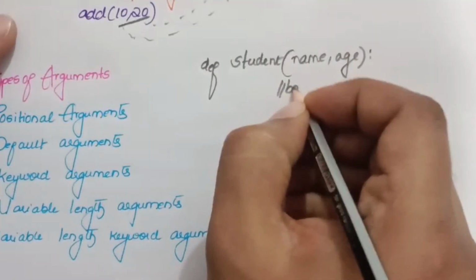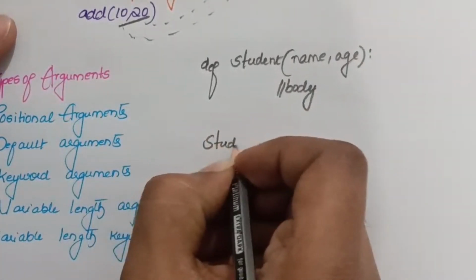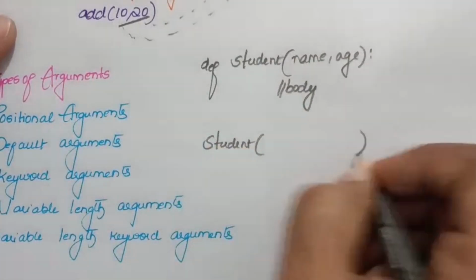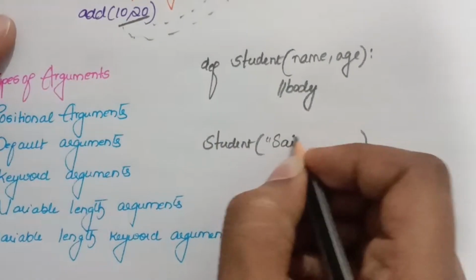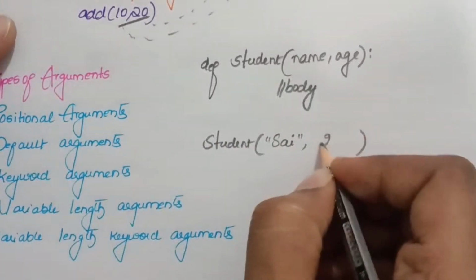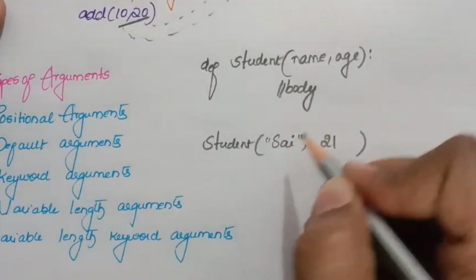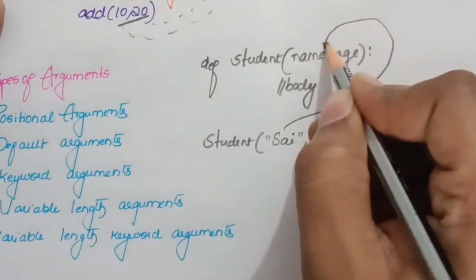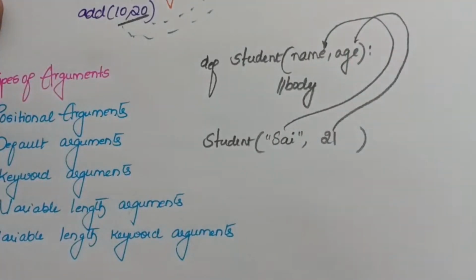Let's say here we have body of this function. Now, when you call that function student, you have to pass two values. First one is name. Let's say name is Sai, and age, let's say 21. Now, Sai will get stored in variable name, 21 will get stored in variable age, the way they are defined.